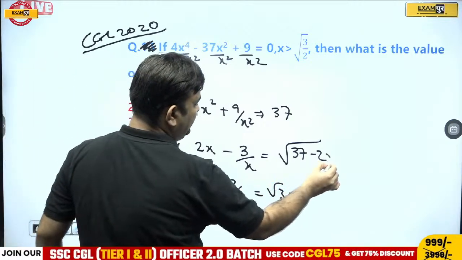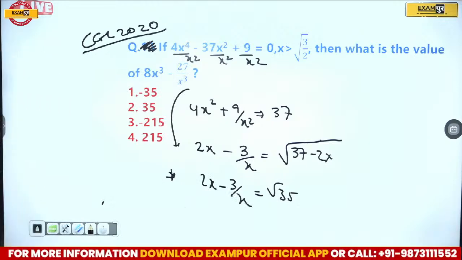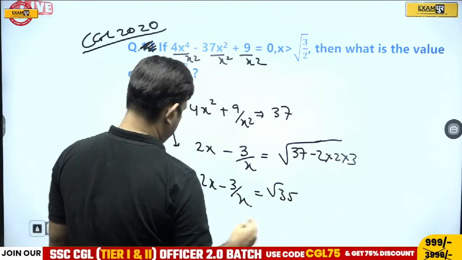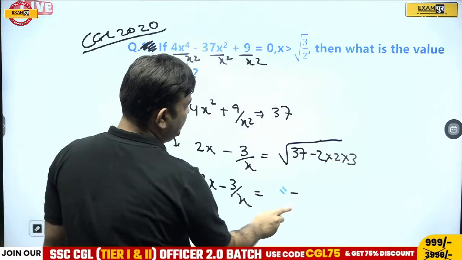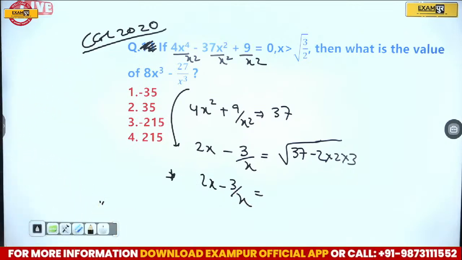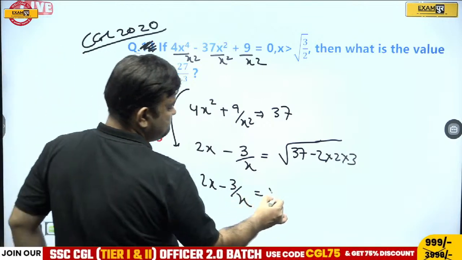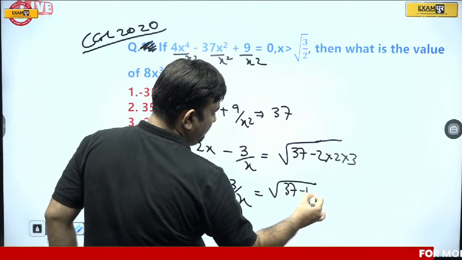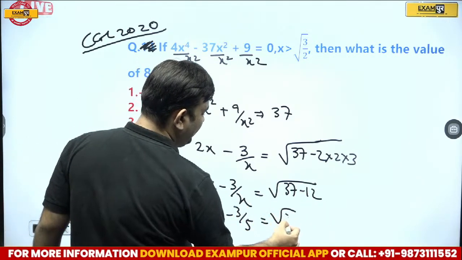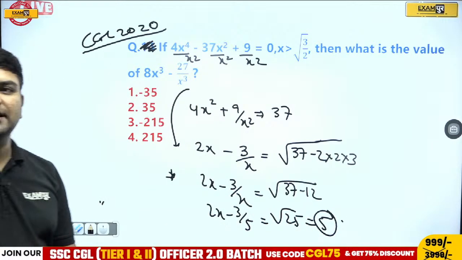However, I need to take care of the coefficients as well. And the coefficients are 2 and 3. So, 2x minus 3 by x is root 25, that is 5. Directly doing, guys.